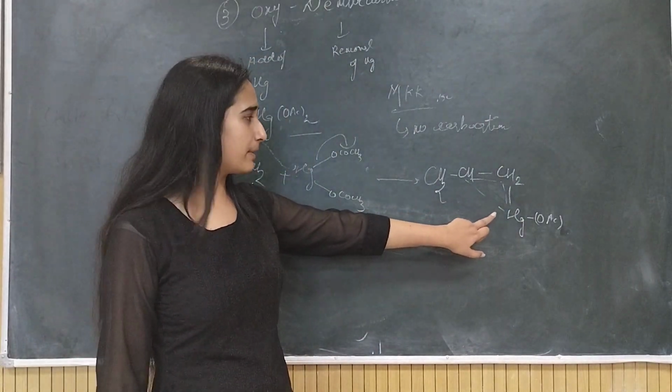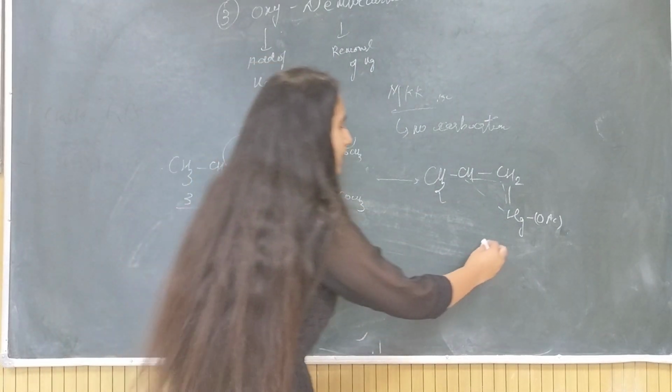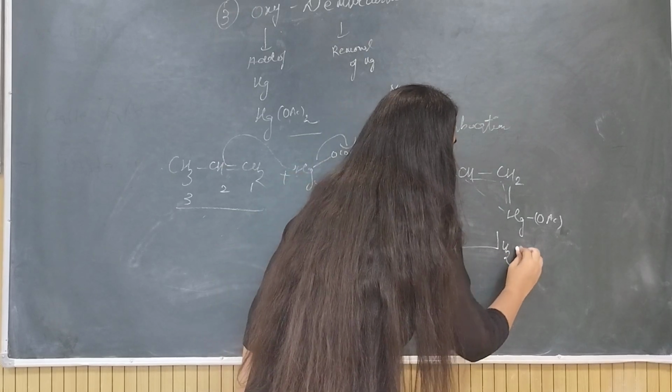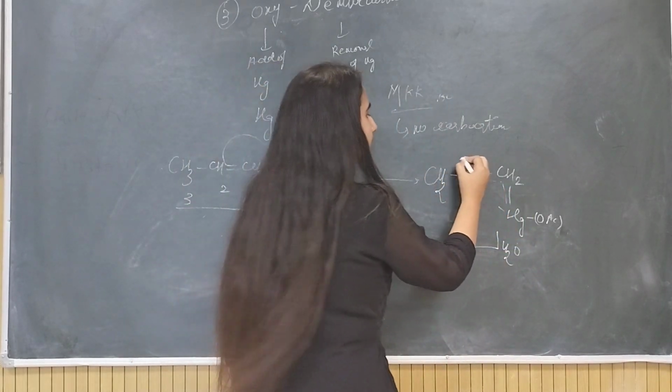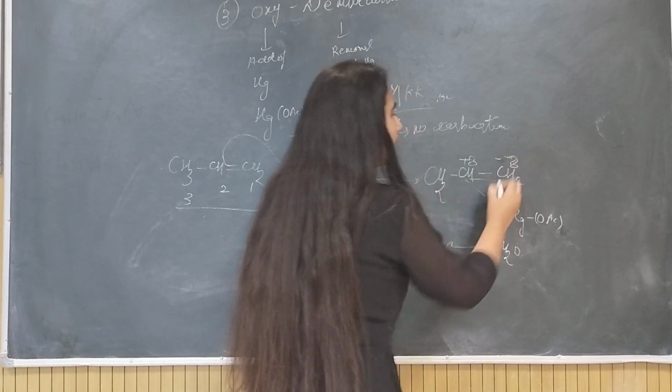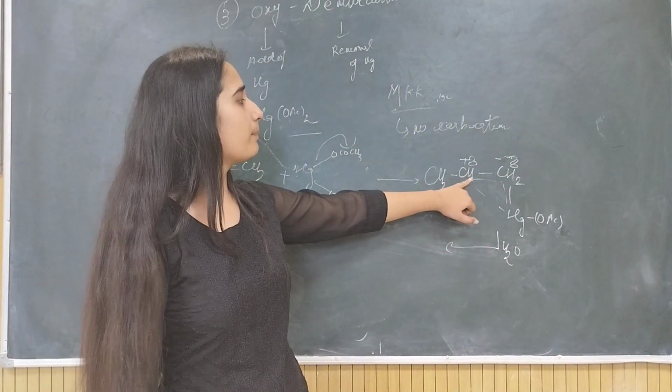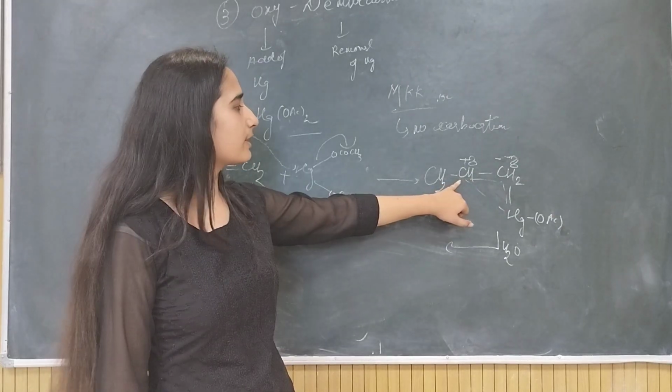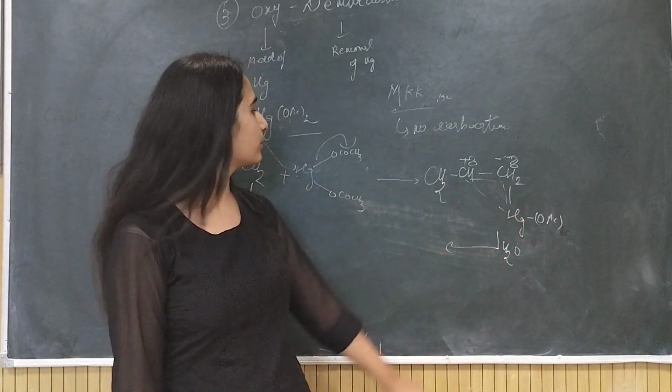Here a 3-member cyclic transition state is formed and it will contain positive and negative charge. Due to this complex formation, a partial positive charge forms on the second carbon and the negative charge forms on the third carbon.